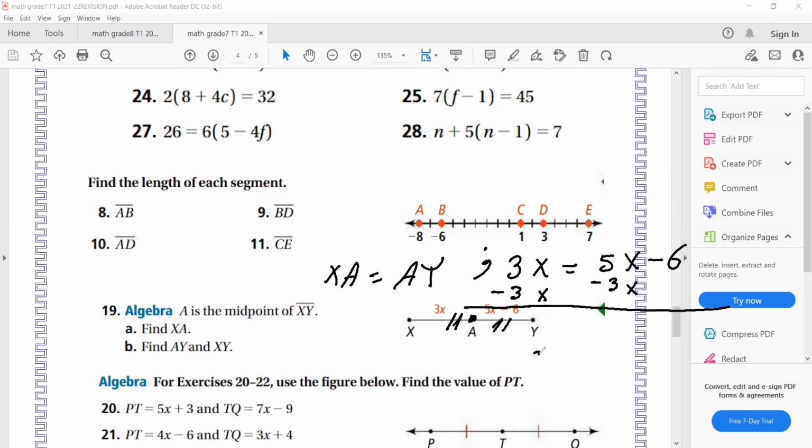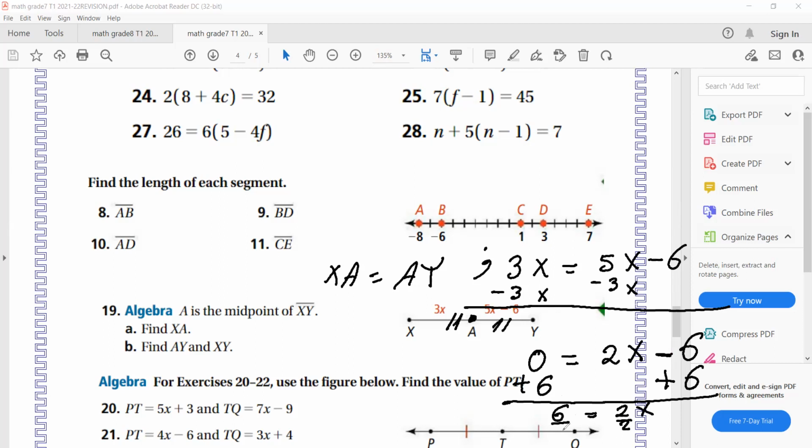3x minus 3x, 0. 5x minus 3x, 2x. Minus 6. Minus 6, the opposite sign is plus 6. Then 6 equals 2x. Divide by 2, then x equals 3.